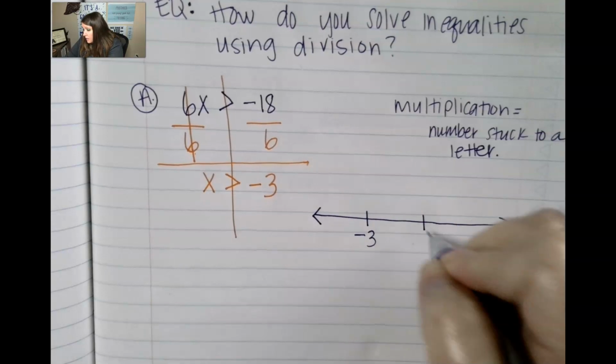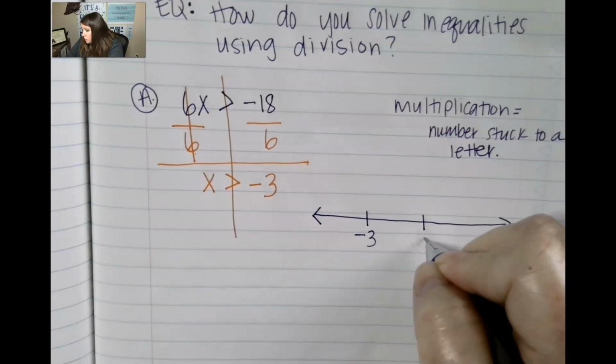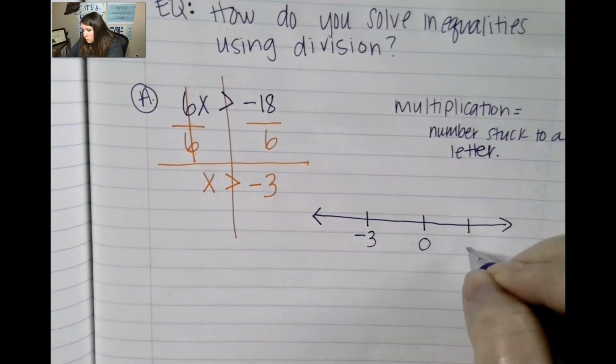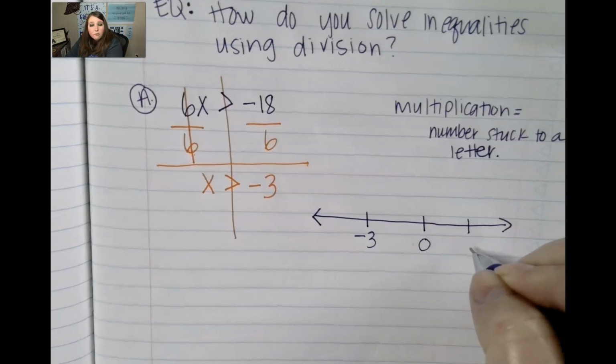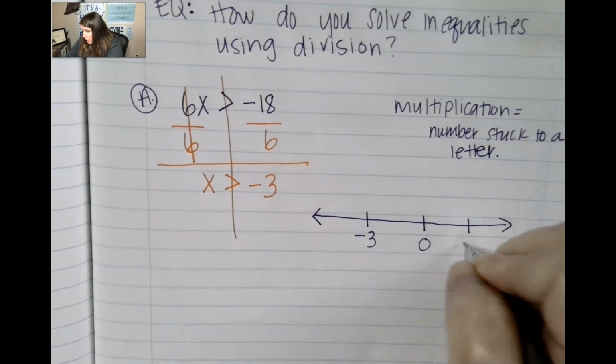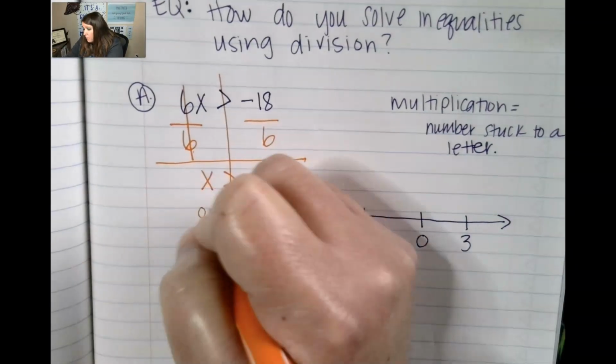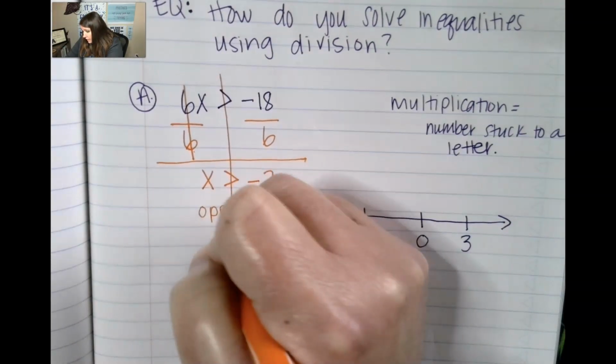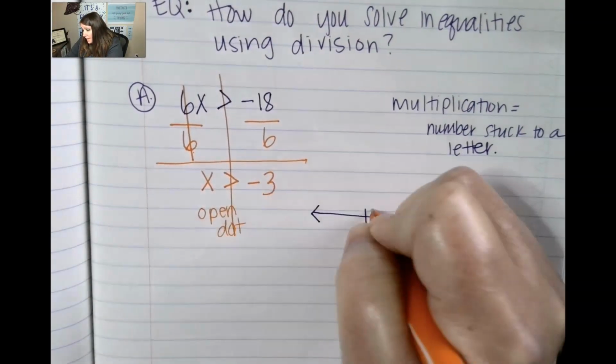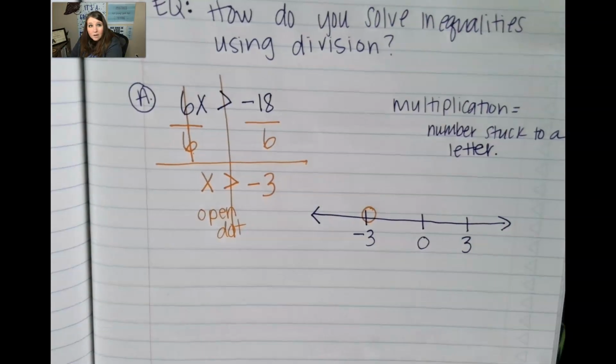So negative 2 would work, 202 would work, but negative 4 would not work because it's not greater than negative 3. We can see that this is an open dot. It's an open dot because negative 3 is not a solution.